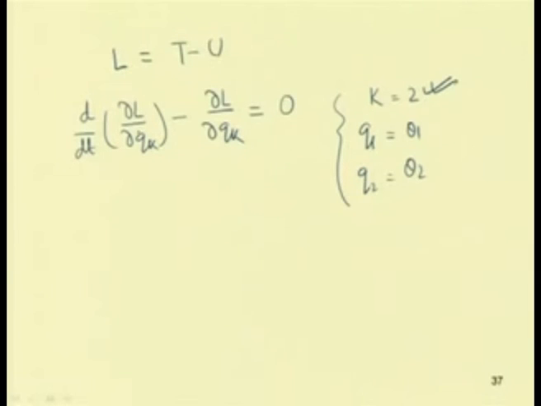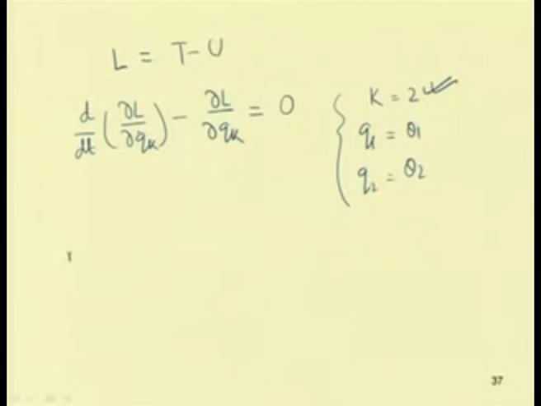So, we can obtain two equations of motion in this case. First we will take Q1 and find the equation of motion, and second we will find the equation of motion using Q2 equal to theta 2. By doing that, we can write the equation of motion which will come in this form.